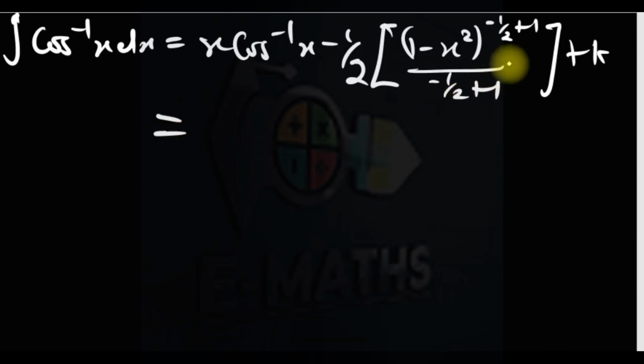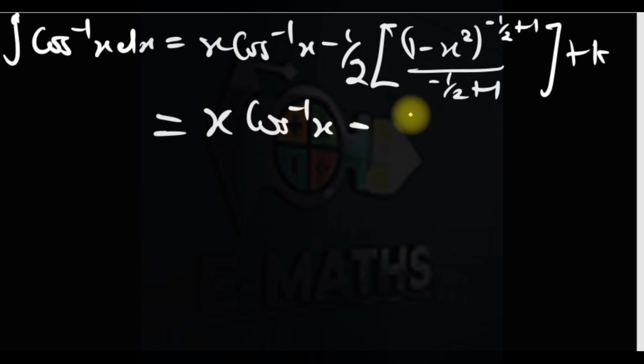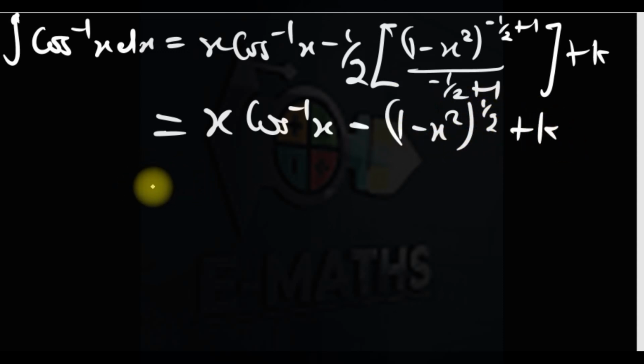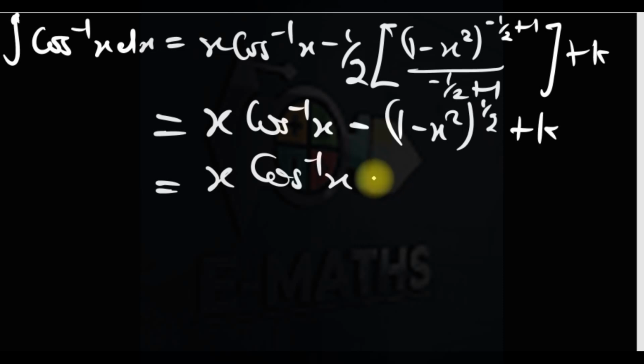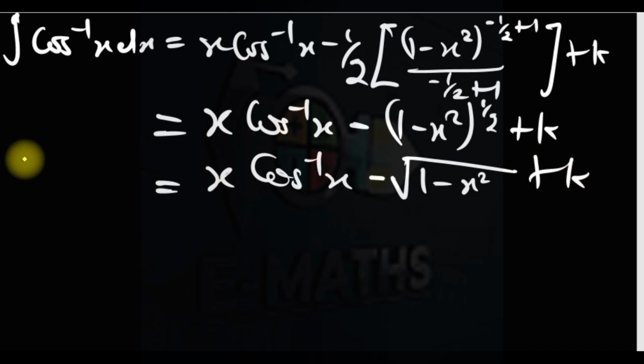This is half, so minus half times 1 over half is minus 1, so I have x arc cos of x minus 1 minus x squared raised to the power half plus k. So we can still write it as x arc cos of x minus square root of 1 minus x squared plus k. So that's our answer.